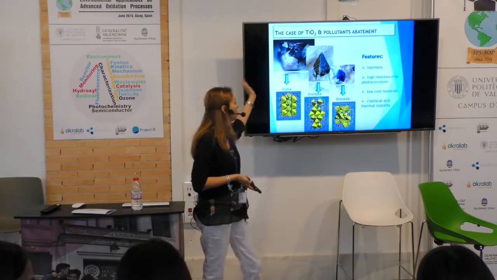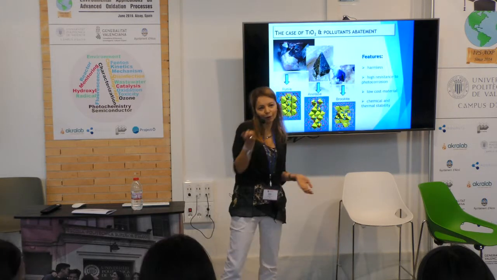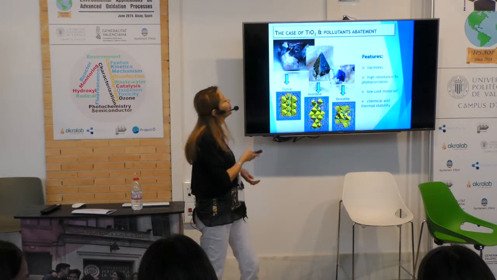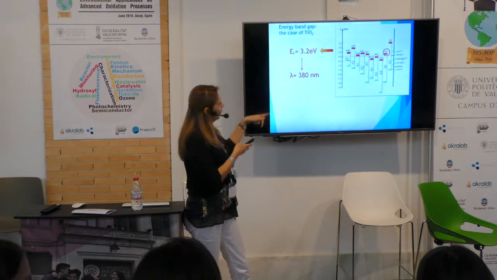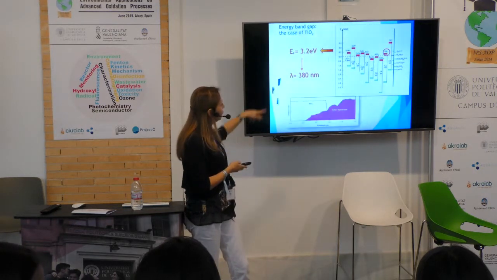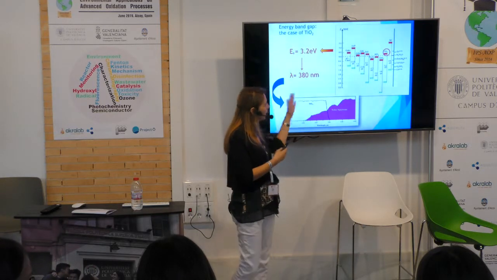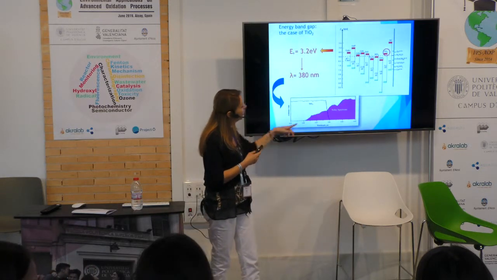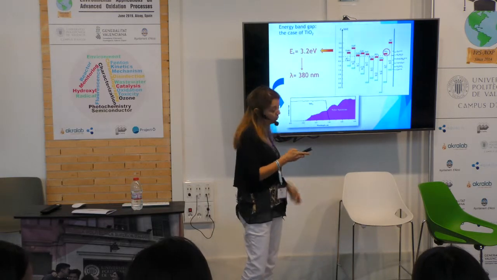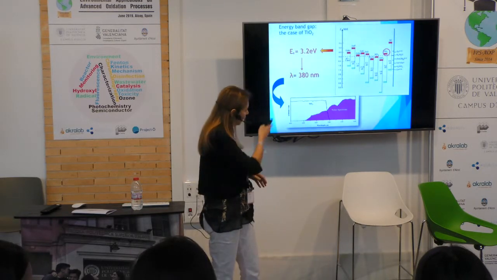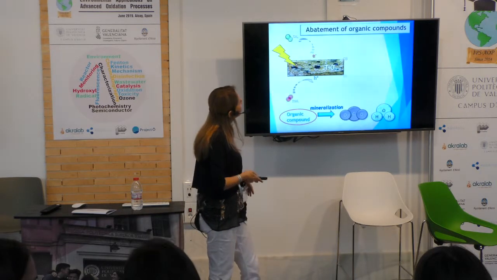It's widely used because of a lot of properties that all of you know. And if we consider its energy gap, we have a partial overlap between its excitation bands and the solar spectrum, so we can use a small portion of solar light to obtain the degradation.